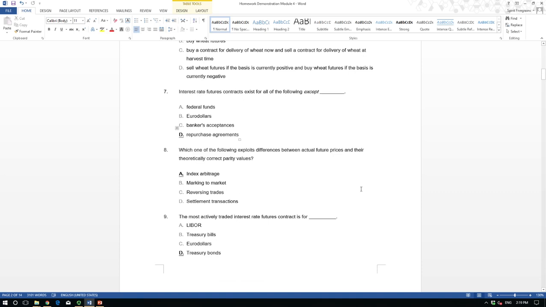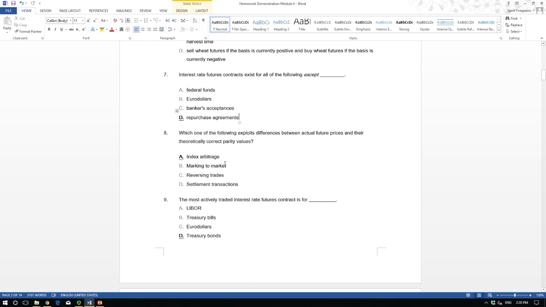Number 8, which one of the following exploits differences between actual futures prices and their theoretically correct parity values? Index arbitrage, marking to market, reversing trade, settlement transaction. Of course, this is index arbitrage.